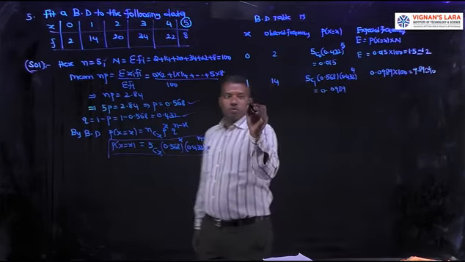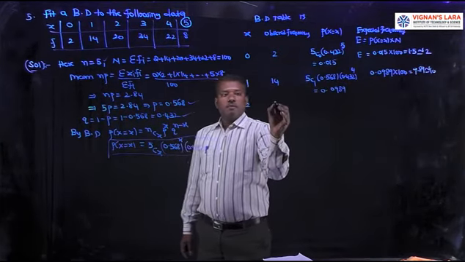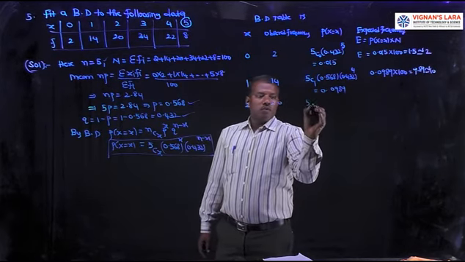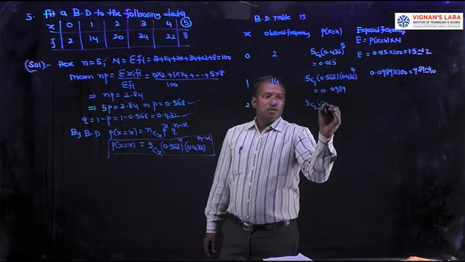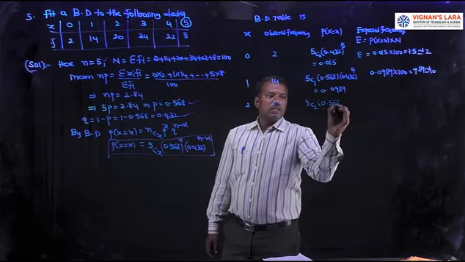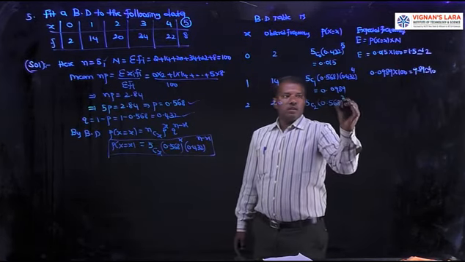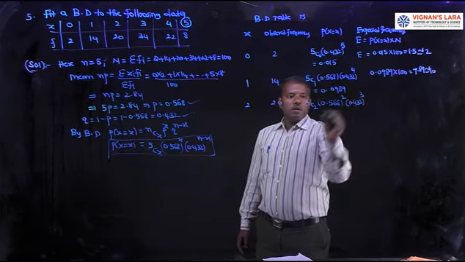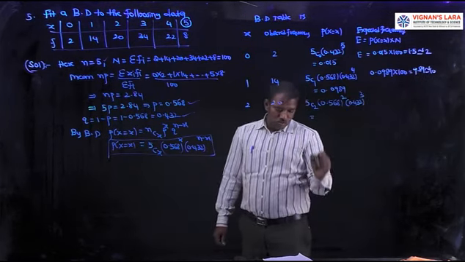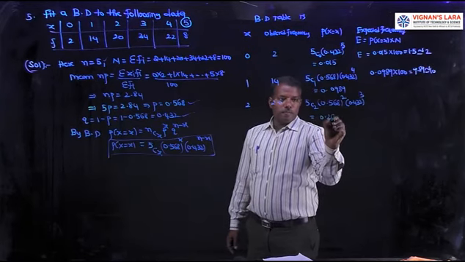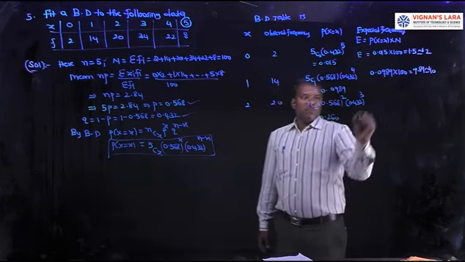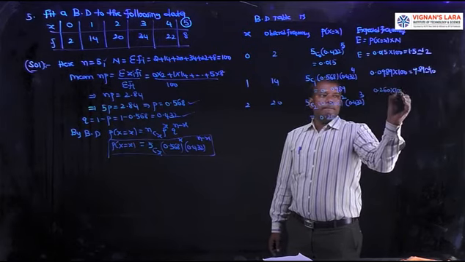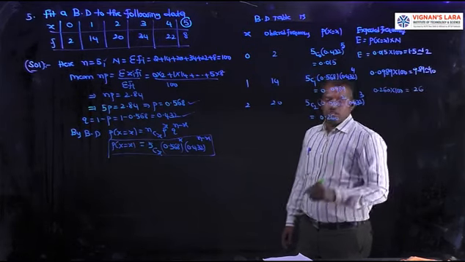Next, x equal to 2. Observed frequency is 20. Probability 5C2, 0.568 whole square, 0.432 whole cube. Its value is 0.260. Its expected frequency is 0.260 into 100, approximately 26.